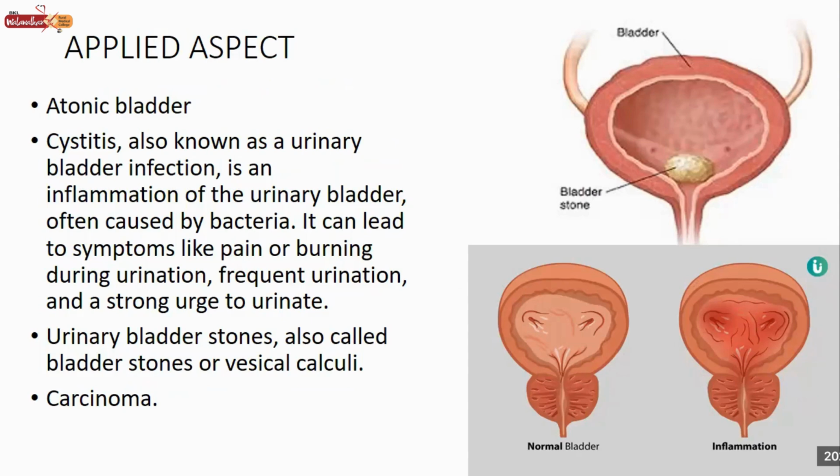Cystitis of the urinary bladder is inflammation, and many times it is because of urinary tract infection, and there is inflamed mucosa, because of which the patient has painful urination. There is pain in the suprapubic region. There will be a repeated urge for urination.